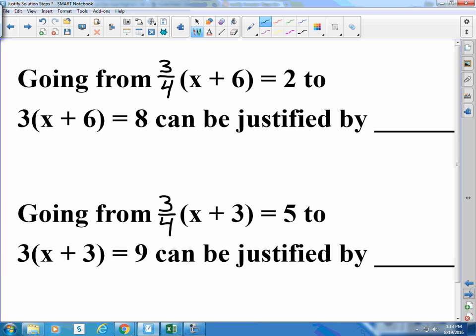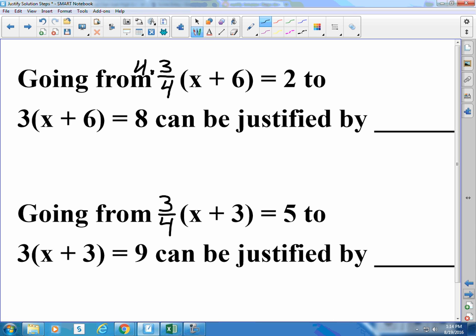Going from 3/4 of the quantity x plus 6 equals 2 to 3 times the quantity x plus 6 equals 8, how can we say it's okay to do that transition? Well, this 4 in the denominator means to divide by 4. The 3 in the numerator means to multiply by 3, so I'm going to multiply whatever's in the parentheses by 3 and then divide by 4. Well, the opposite of divide by 4 is multiply by 4.